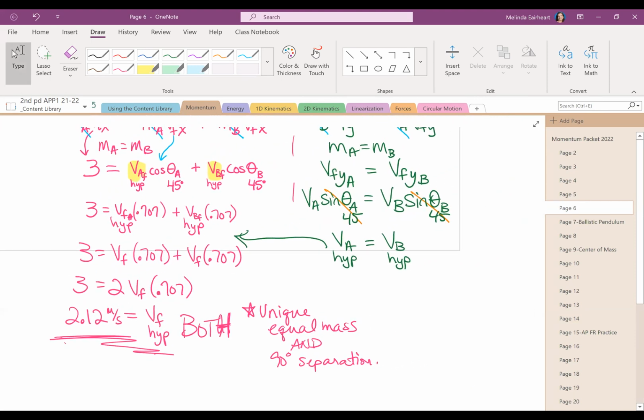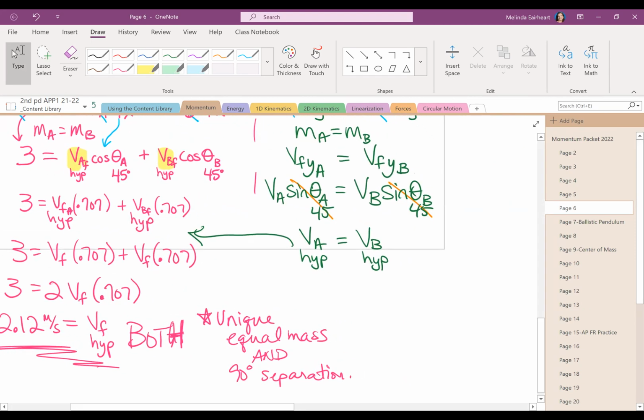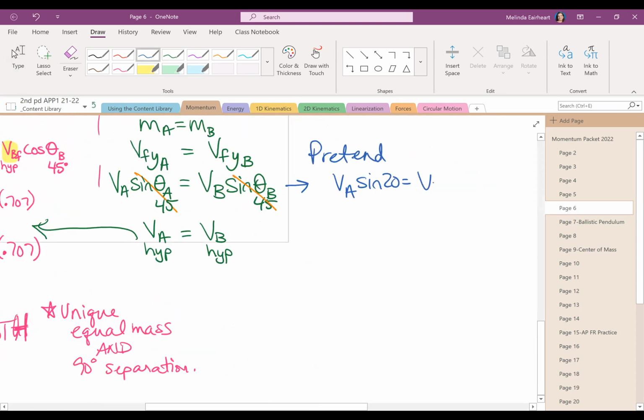If they didn't have equal angle, okay, so over here on the green, if they don't have equal angle, let's say, so pretend, maybe it's 20 and 30 degrees. So I'd have VA sine 20 equals VB sine 30.